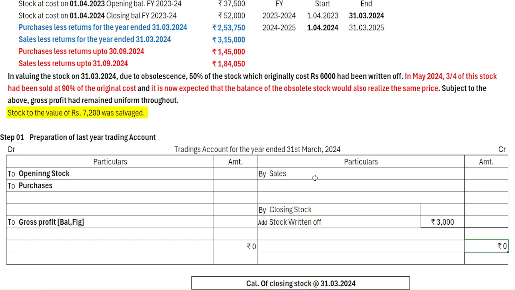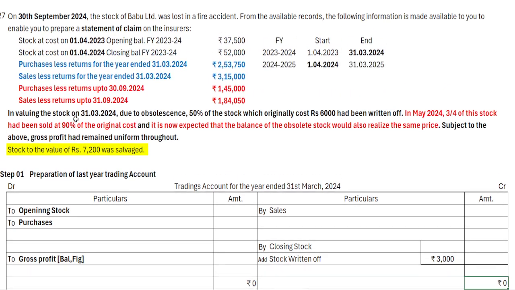In that, 3/4 is sold at 90% and incurred 10% loss, and for the remaining 1/4, it is now expected that the balance of obsolete stock would also realize the same price, which means 90%. Then here also 10% is the abnormal loss. Subject to the above, gross profit had remained uniform throughout. This is the salvage value.